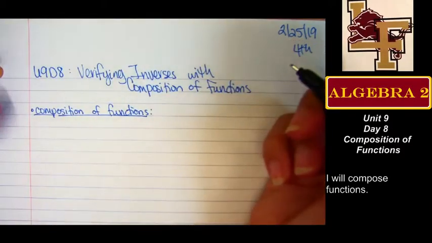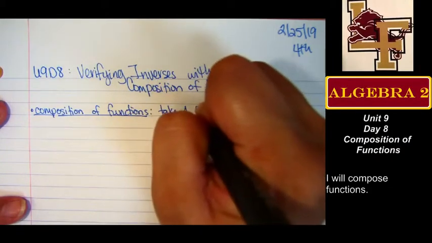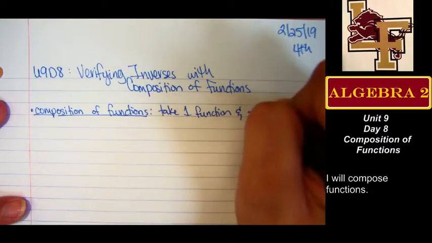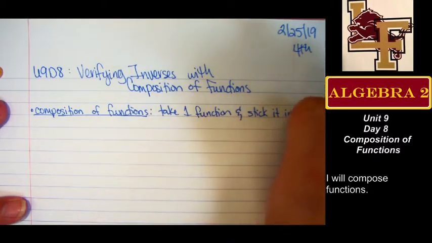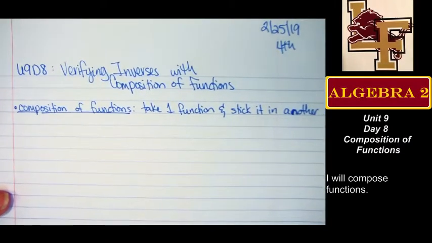What composition of functions is: take one function and stick it in another. That is totally not the technical definition, but I think it gets at the heart of what a composition actually does.